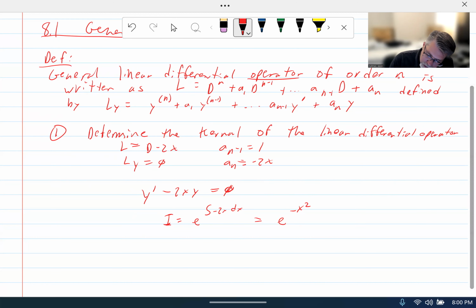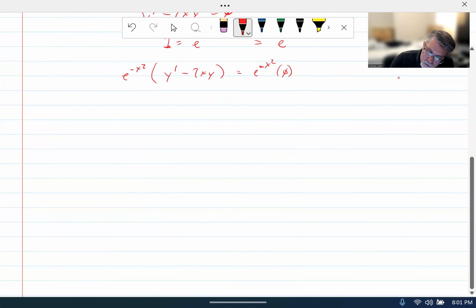Okay, and so I can take that e to the negative x squared and multiply it through, and 0. And so I get e to the negative x squared y prime plus 2x e to the negative x squared y is equal to 0.